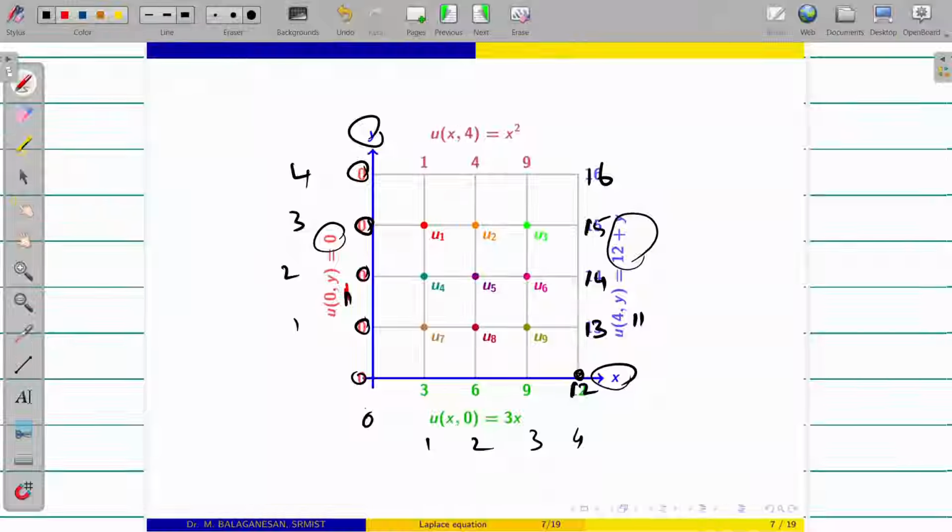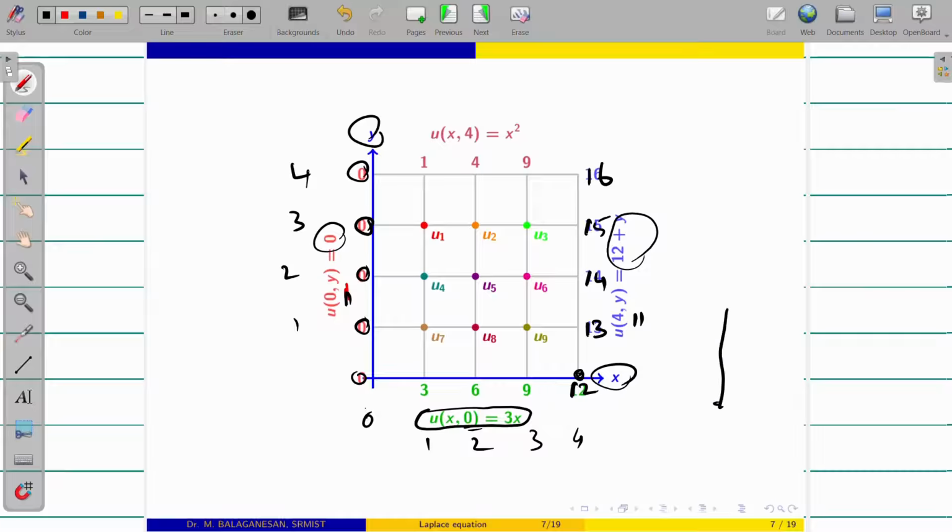What is the third boundary condition? U of x comma 0 equal to 3x. This is the third boundary condition. So, what will be x comma 0? How to identify this? This will be the boundary, y equal to 0. Where is y equal to 0? In the x-axis, y equal to 0.